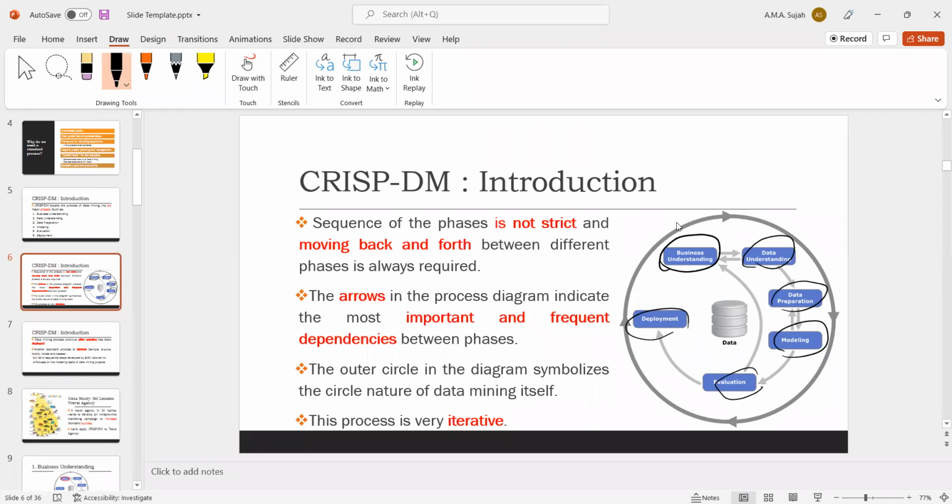Also, you need to think about these arrows. After the business understanding, you must do the data understanding. You can't go directly to data understanding without doing the business understanding. Let's imagine you are working as a software engineer.